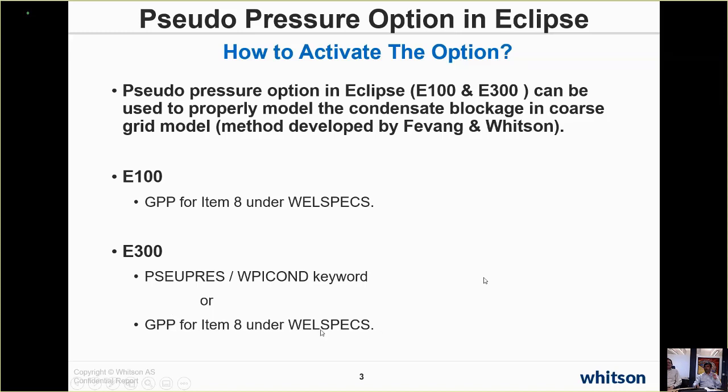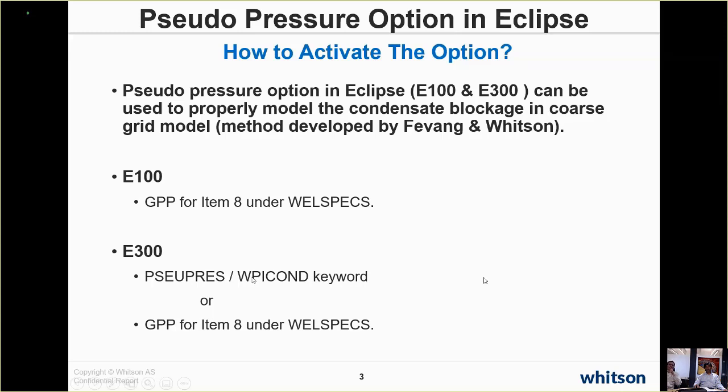In WELSPEC, we have to give one line for each well. PSEUDOPRESS we give only once, and then it is applicable for all wells. And then WPICON you can give for a group of wells. There are some more options in WPICON where you can also define some other parameters.